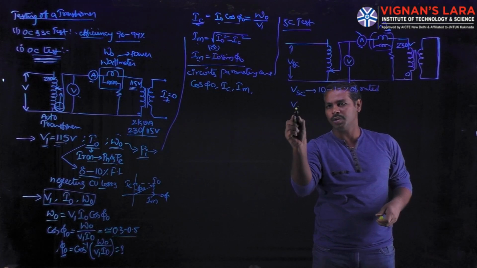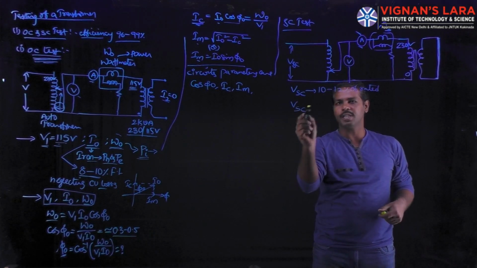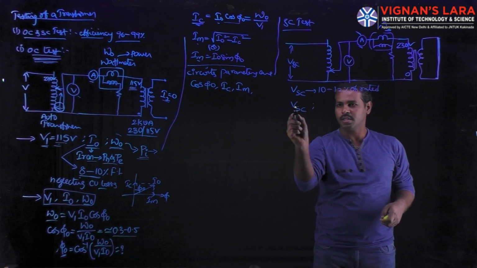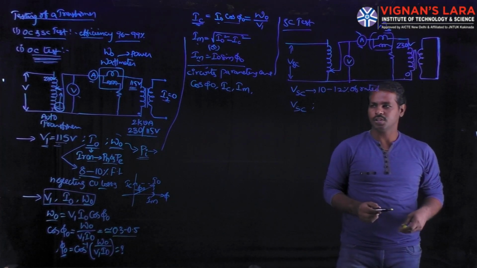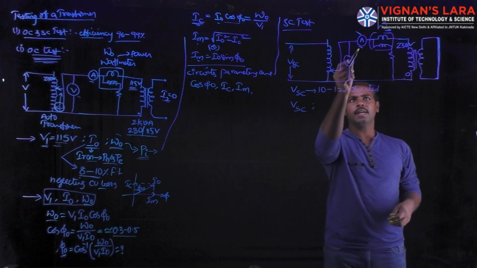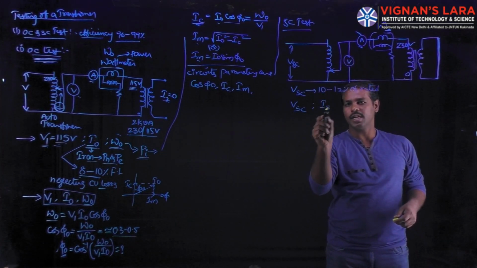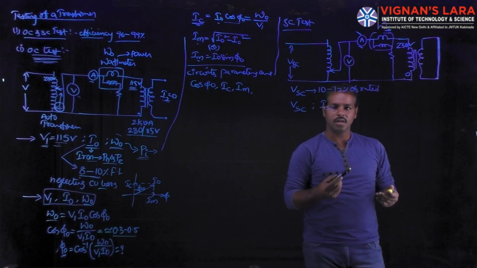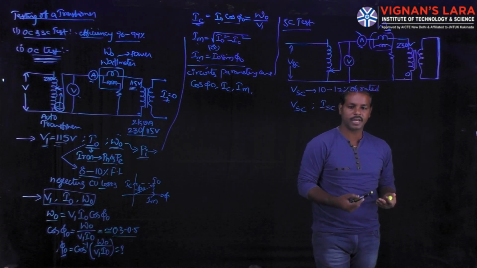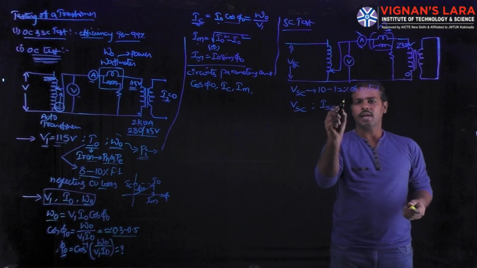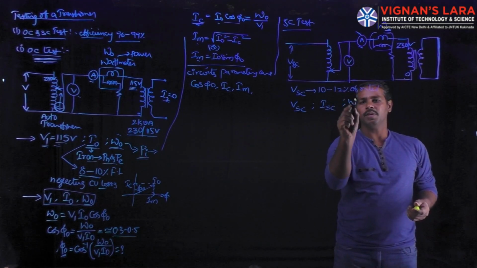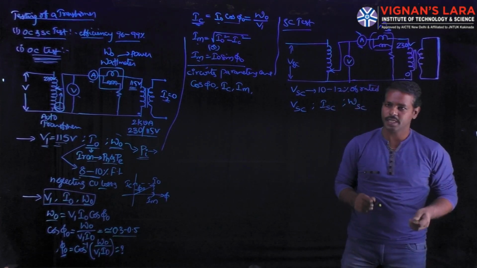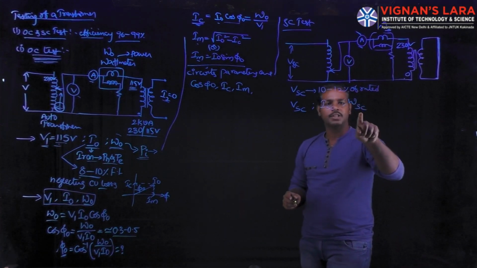VSC is measured by the voltmeter, the short circuited voltage. Another one is ISC, the full load or short circuit current. The third one is WSC, the short circuit power.